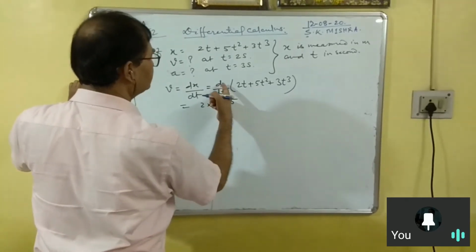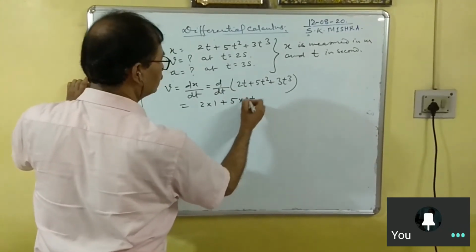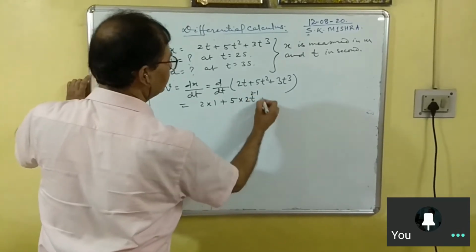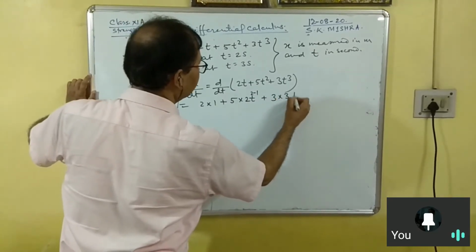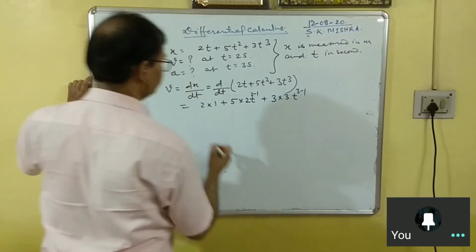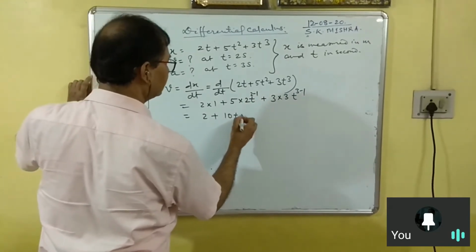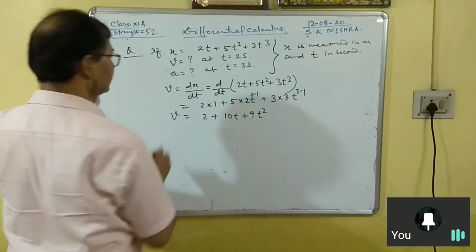If you differentiate d by dt of t square, then it is 2t only. 2 minus 1 is 1 only, plus 3t cube. T cube, 3t, 3 minus 1. So this is finally 5 plus 10t plus 9t square is the instantaneous velocity.